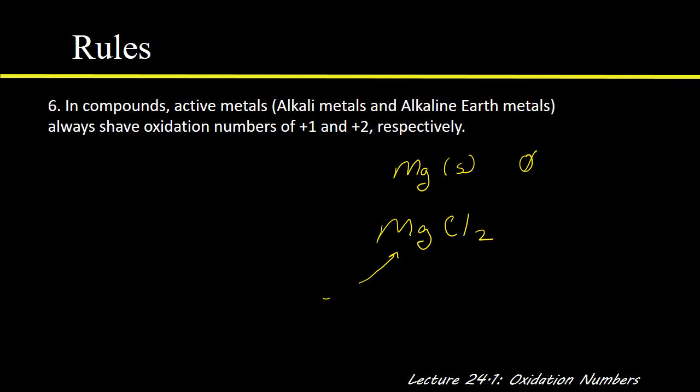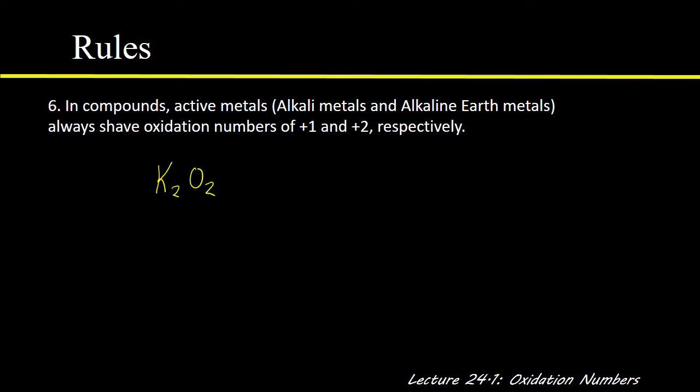One thing I'll mention about this is if we go back to that example we talked about with peroxides, most of the common peroxides are either hydrogen peroxide or active metal peroxides. And so this is a way that helps you identify peroxides. Let's say you had this. This is actually potassium peroxide.